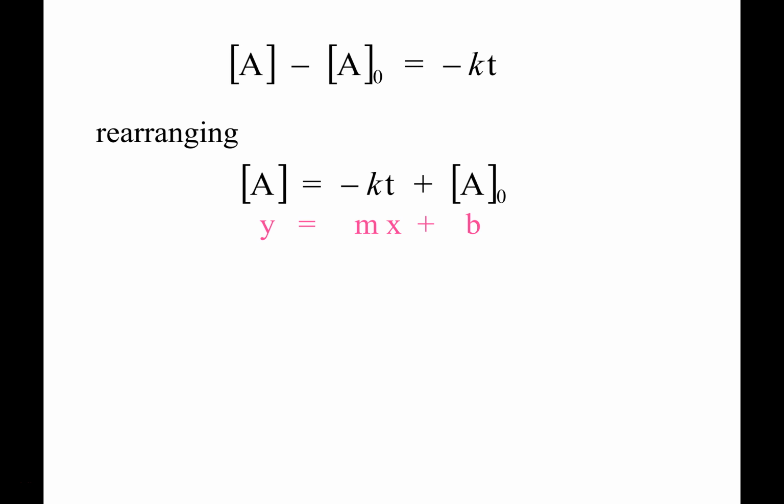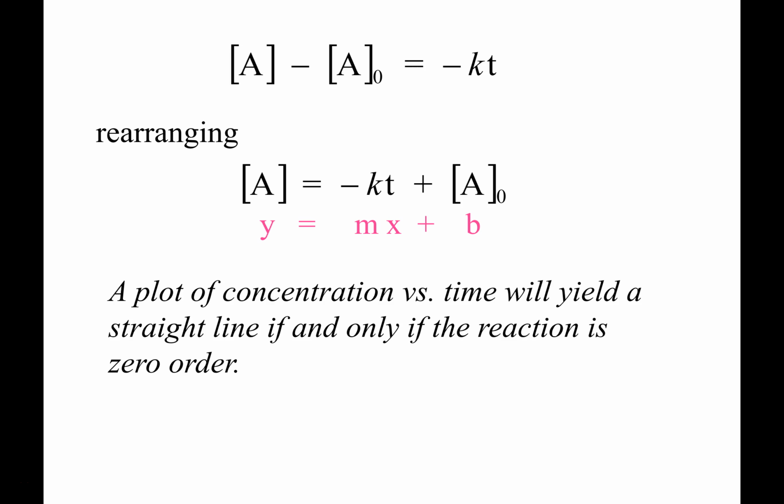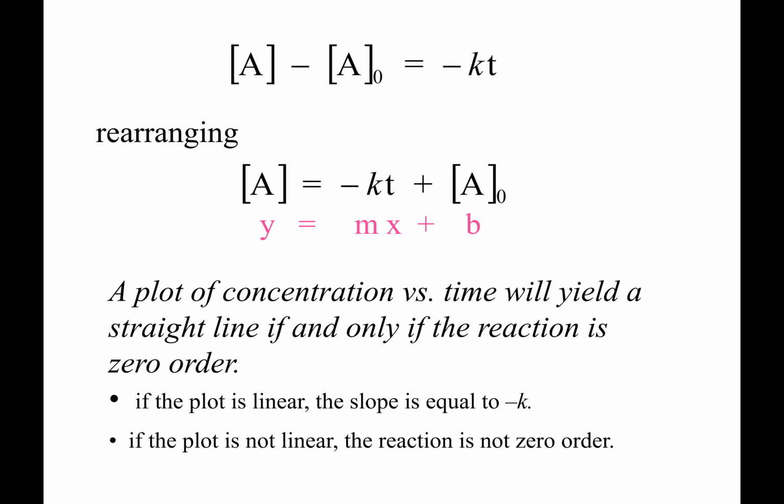That should give us a negative slope, and in that case, the slope of your line will be equal to negative K. And that's it. Zero order. It's a test.